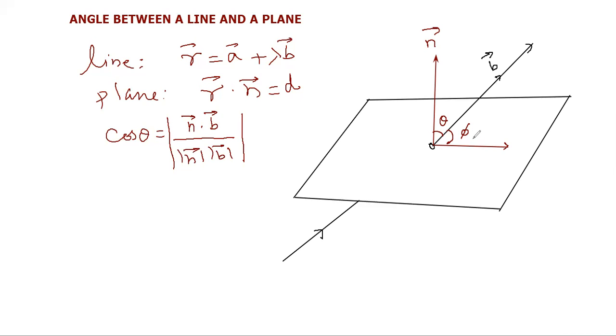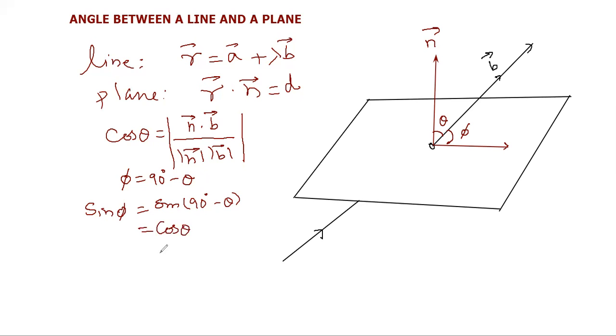But we need to find phi. What is the value of phi? Phi is equal to 90 degrees minus theta. If you take sine phi here, sine phi will be equal to sine of 90 minus theta, and sine of 90 minus theta is equal to cos theta.